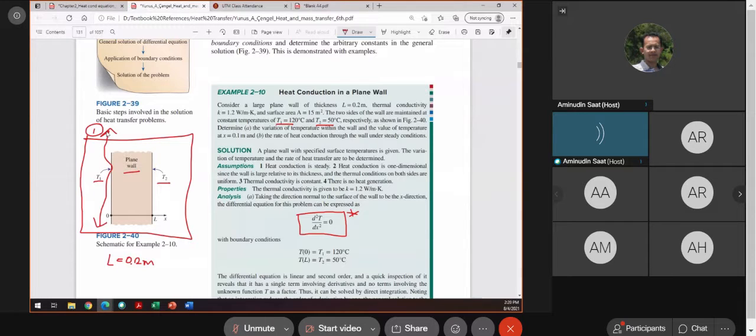Let's say this is A and this is B. The A dimension is large enough compared to B. So that means heat transfer through the y direction, Q, we can say is 0. We only consider heat transfer through the x direction.